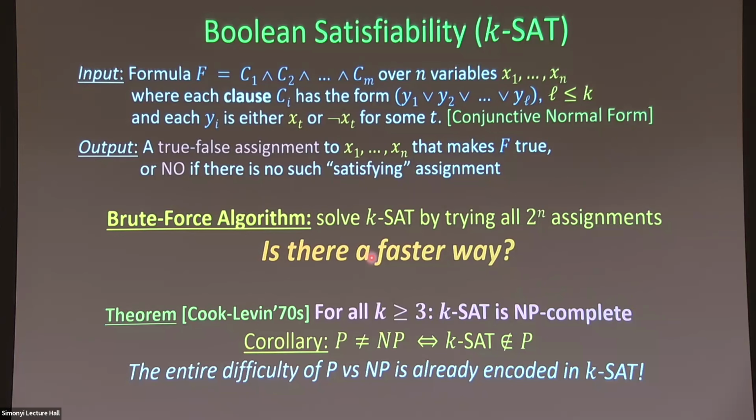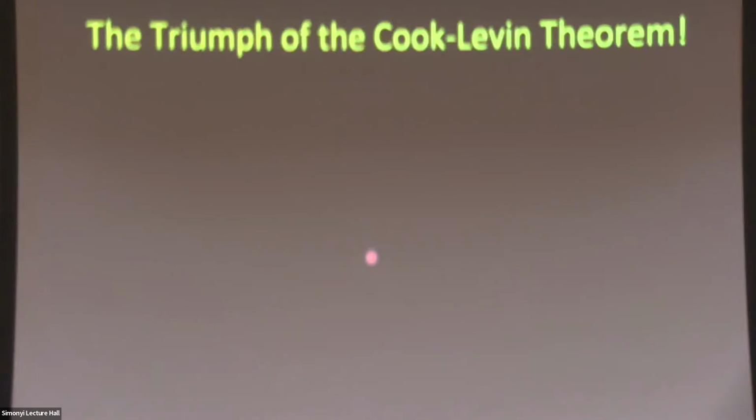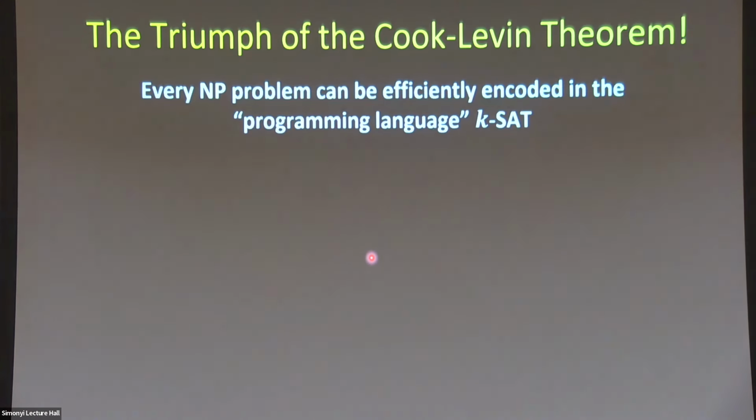Absolutely. So the Cook-Levin theorem, the way that people have thought about it traditionally, says that every NP problem, each of these problems where you're trying to find a solution or verify a solution, you can efficiently encode in this programming language, k-SAT.